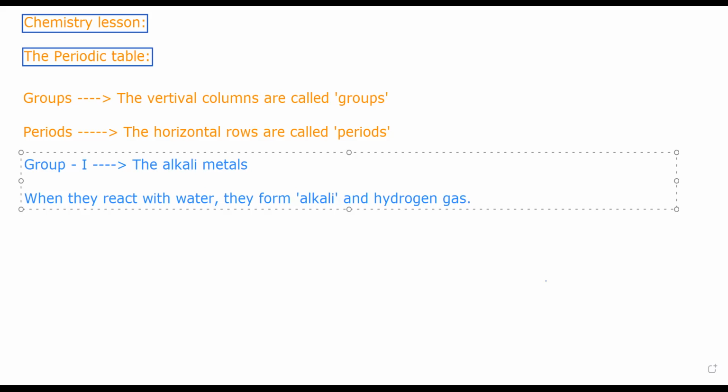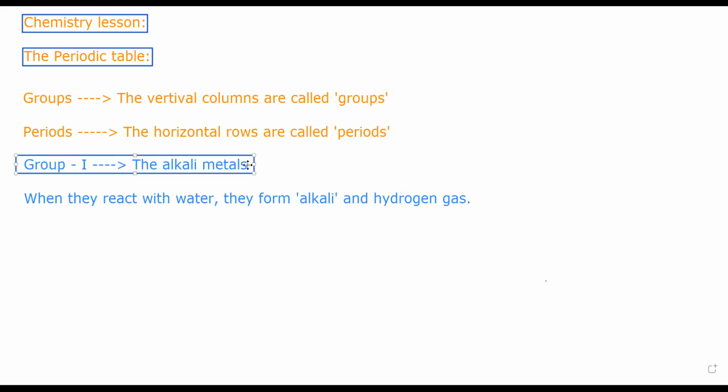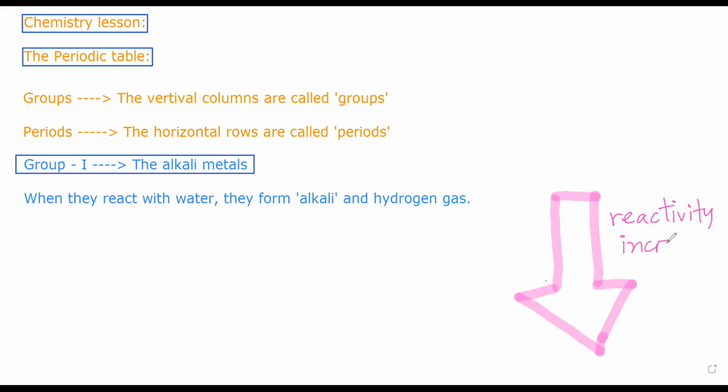Keeping in mind that for group 1 metals, as we go down the group, reactivity increases. We already know lithium, sodium, potassium, rubidium, cesium, francium.